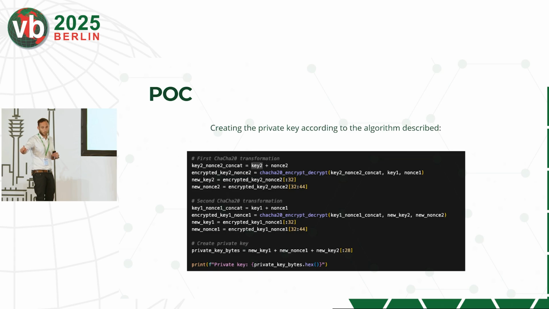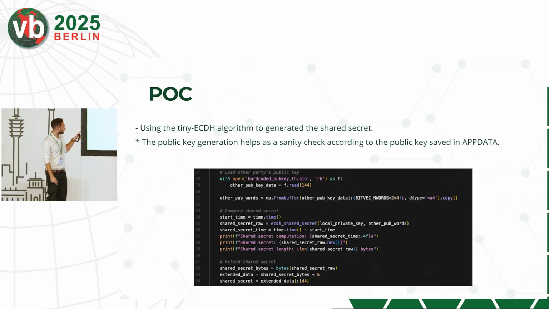So for example, when we want to decrypt, we'd do first the decryption with key 2 and then key 1 because we want to reverse it. But here we don't want to reverse, we just want to restore the same value, so we do it exactly as is. So it's ChaCha20 on key 2, ChaCha20 on key 1, and then we have the shared secret.